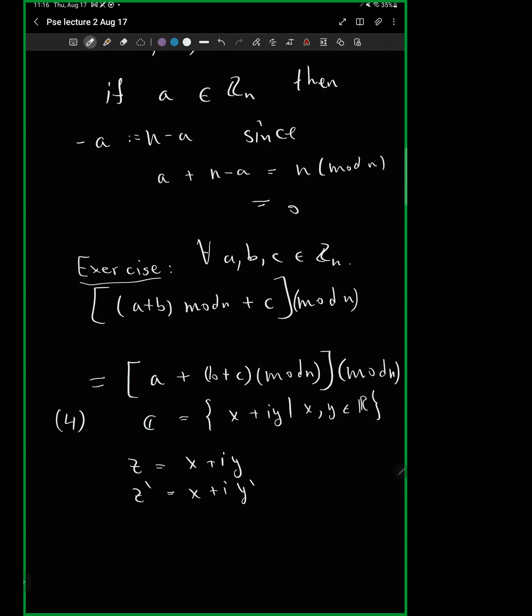Then z multiplied by z prime is, you just do the usual multiplication. What you get when you assemble everything is xx prime minus yy prime plus i times xy prime plus x prime y.